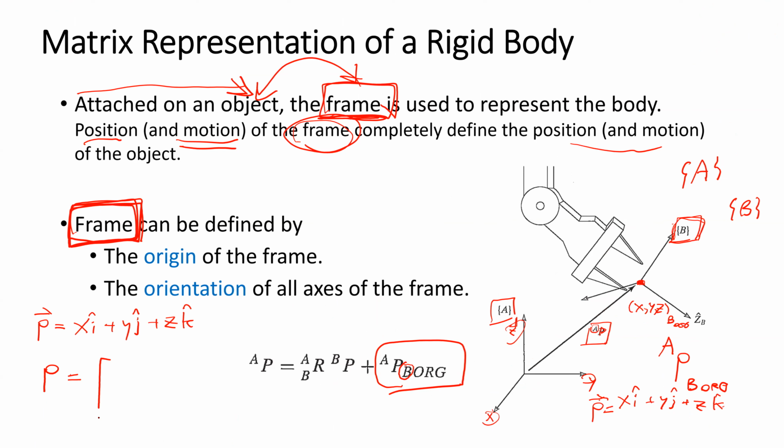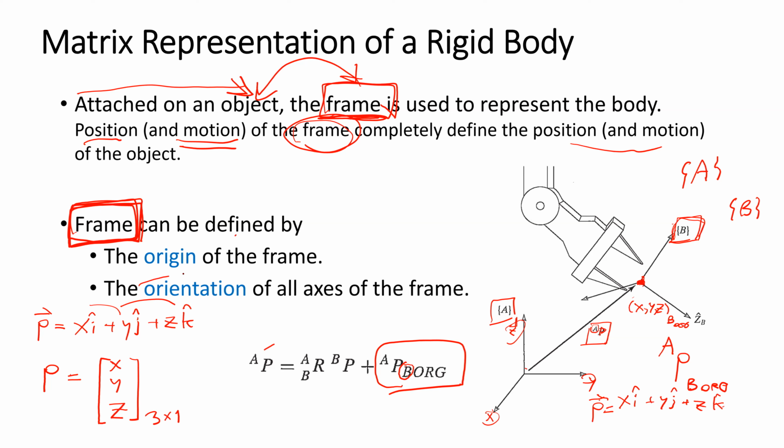And instead of writing the vector components i, j, k in this way, we write it in a matrix form, like this, a 3 by 1 matrix or vector matrix. This is the position. We need to describe the position of the B origin with respect to the frame A.